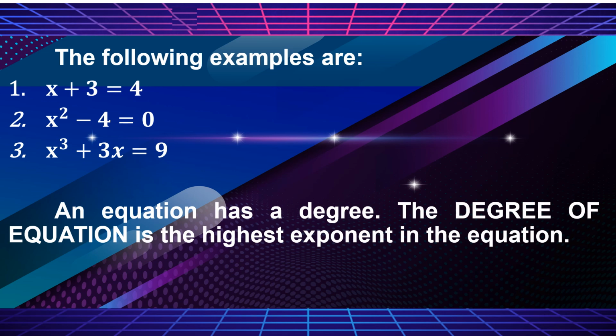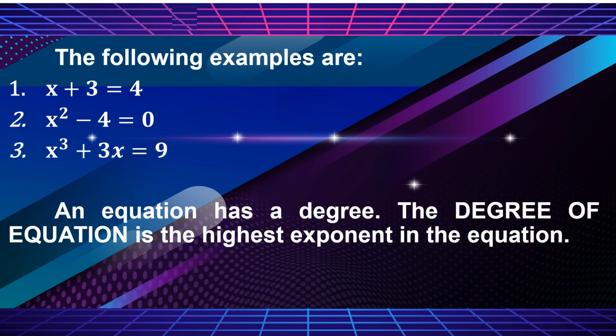An equation has a degree. The degree of equation is the highest exponent in the equation. In number 1, the degree of equation is 1, which is located on the variable x, in which its exponent is invisible 1. Number 2, x squared minus 4 equals 0.